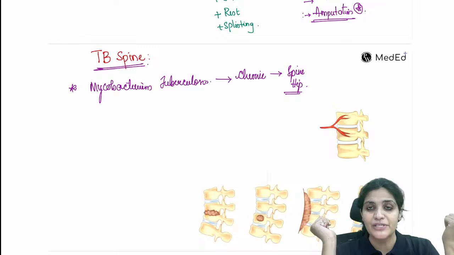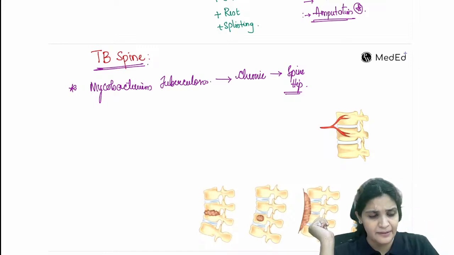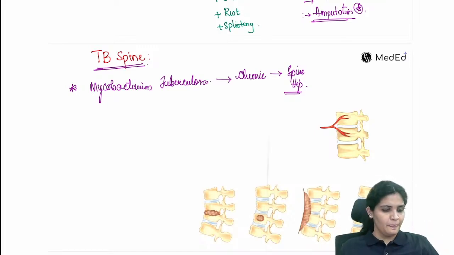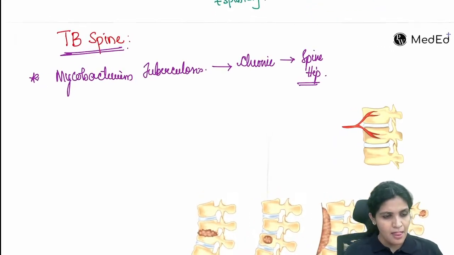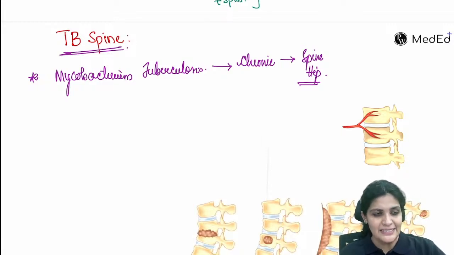This is stained by which stain? Zn stain, right? Ziehl-Neelsen stain. So that is your Zn stain, right? That is your Mycobacterium tuberculosis.